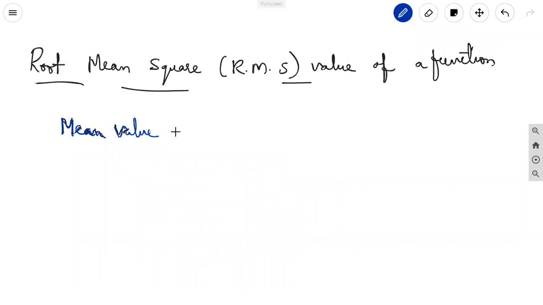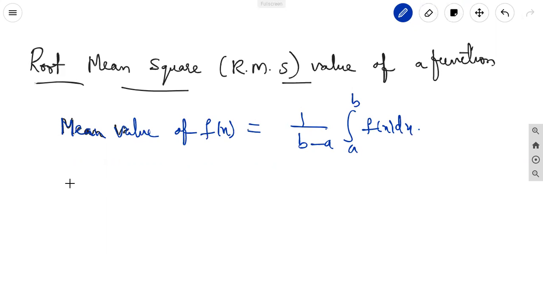Mean value of f of x is equal to, we know that 1 by b minus a integral a to b f of x dx. Now we can take the root mean square of f of x.